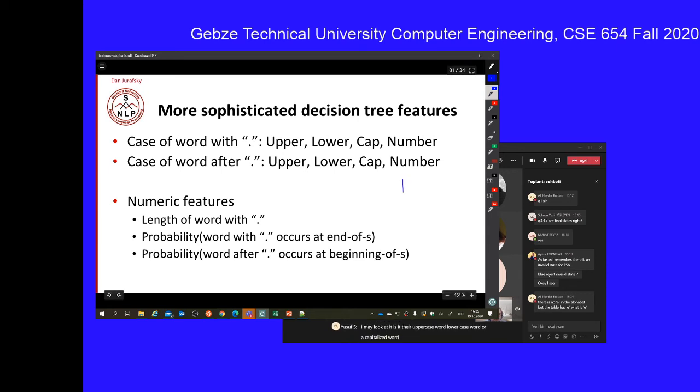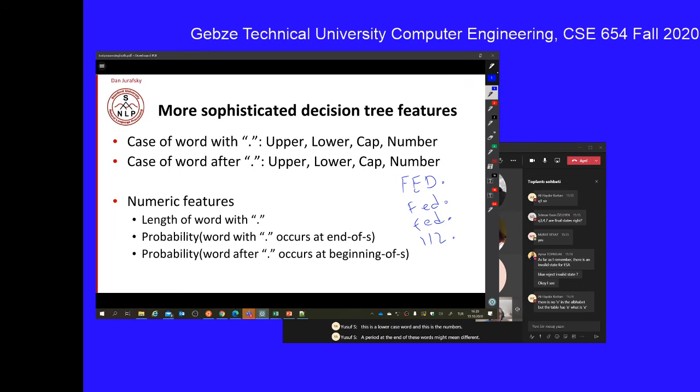This is an uppercase word. This is a capitalized word, and this is a lowercase word, and this is a number. A period at the end of these words might mean different things.